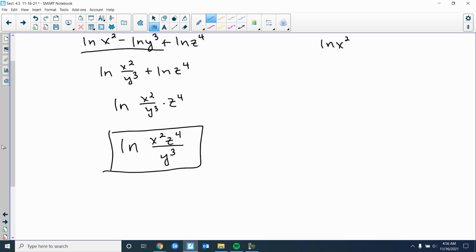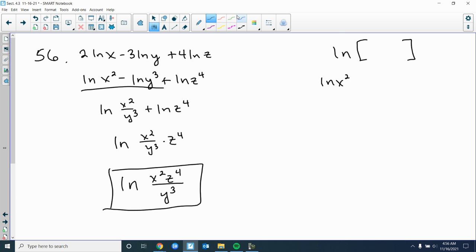Now the mistake people make, I told you earlier: natural log of x squared minus natural log of y cubed plus natural log of z to the 4th. This is not correct.